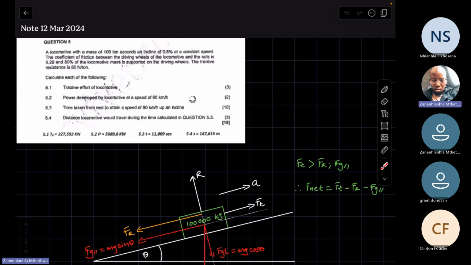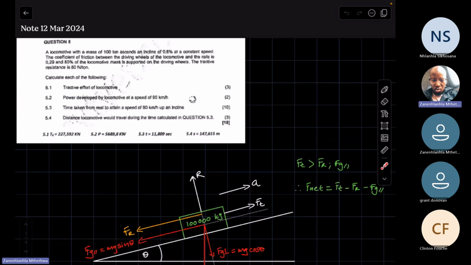Now, for the problem we're looking at currently, you're only looking at a locomotive. They said absolutely nothing about trucks being pulled by the locomotive.